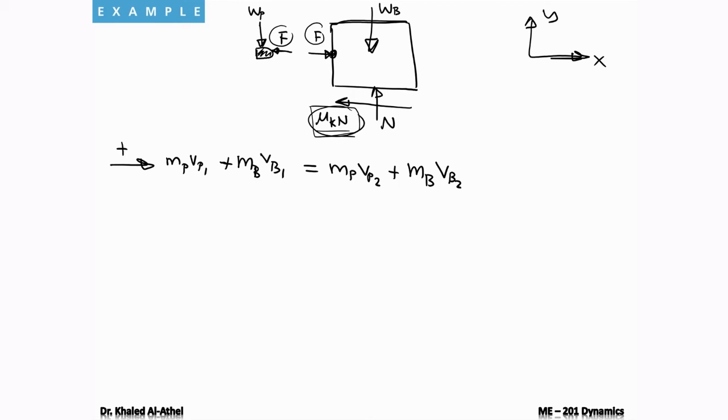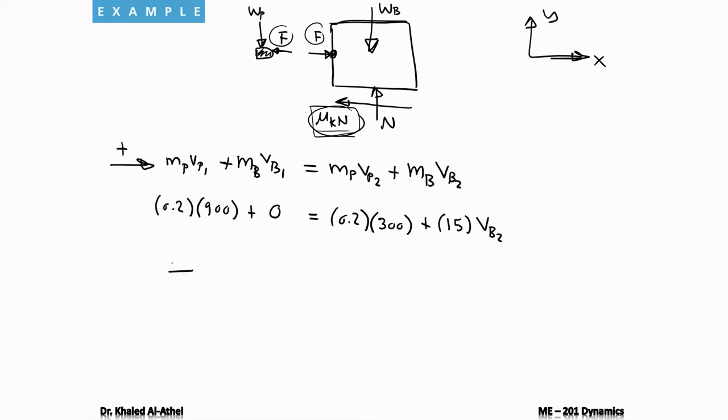So start with the first one. The bullet has a weight of 200 grams, so it is 0.2 kilogram, and it has a velocity of 900 meters per second, plus originally the block was at rest, so this is 0, should equal 0.2, and the bullet emerges with a velocity of 300, and then plus the mass of the block is given as 15 kilogram, and velocity is now unknown, and I want to find it.